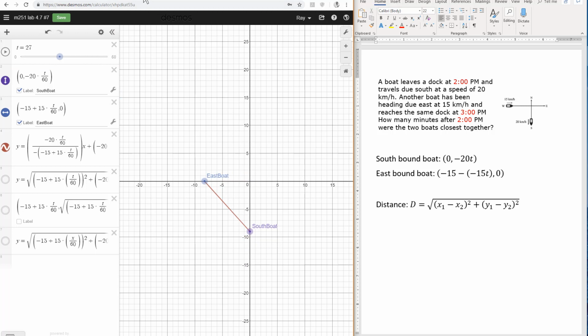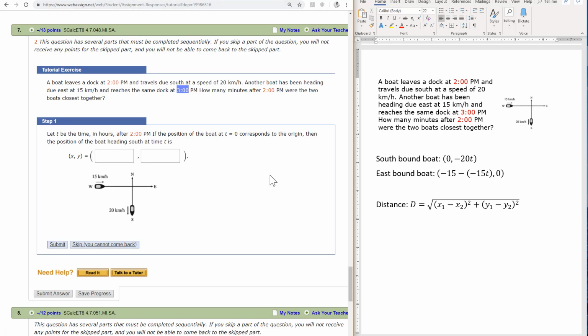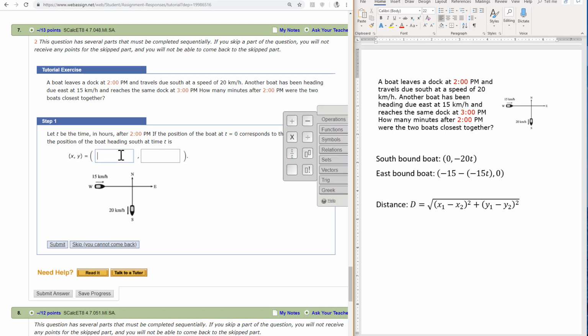Let's go back to our problem and see if we can fill in the blanks. The southbound boat, when t is equal to 0, corresponds to the origin. Then the position of the boat heading south has an x component that is always at the origin, and the y component goes down at a rate of negative 20.